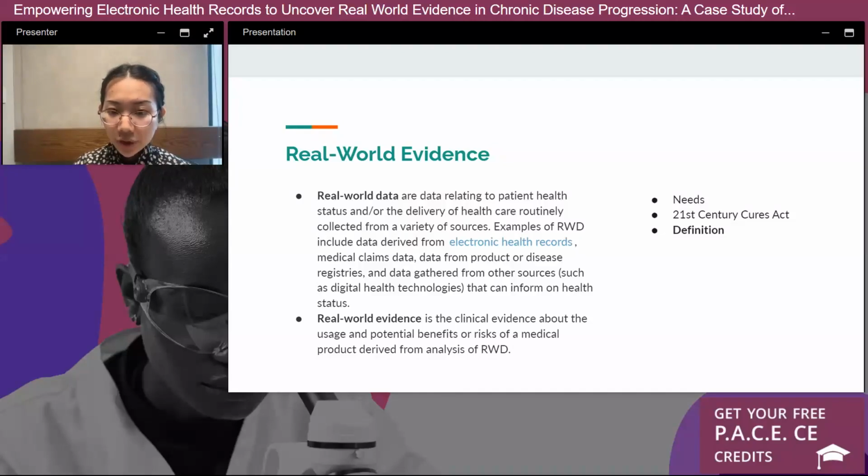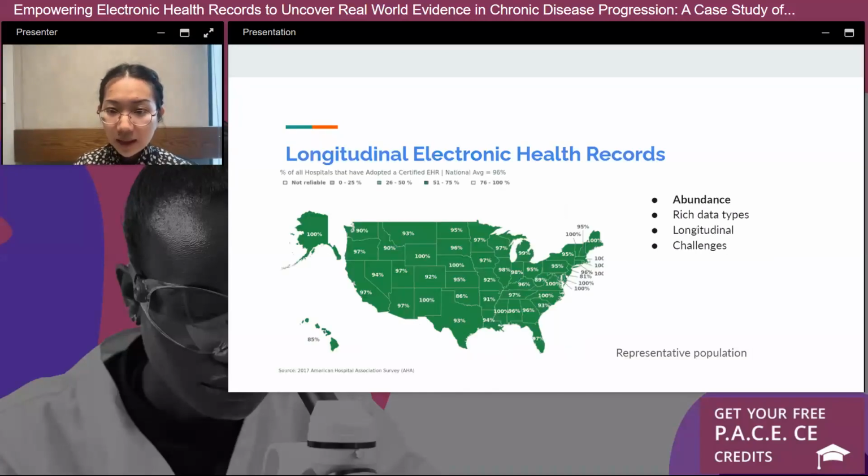So now we return to the concept of electronic health records. First, I would really like you to know that we actually have a large amount of electronic health records. Here you could see a map of the US. In this map, we show the percentage of hospitals that have adopted a certified EHR system in different regions.